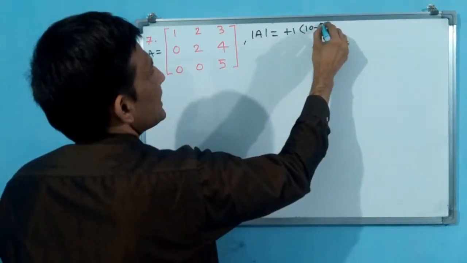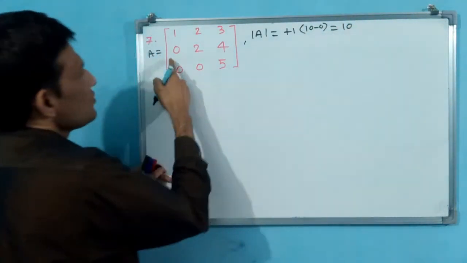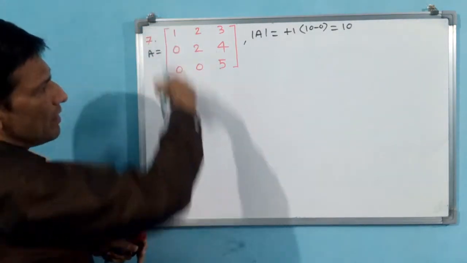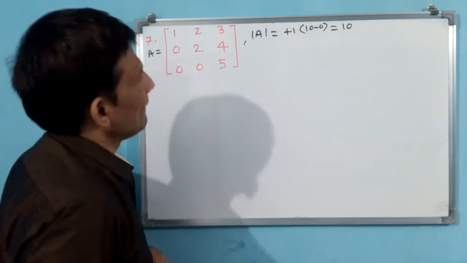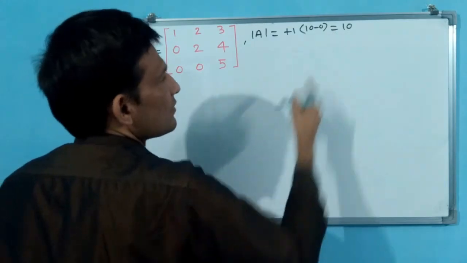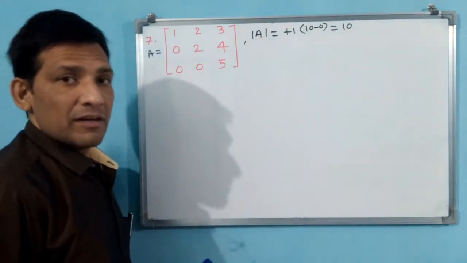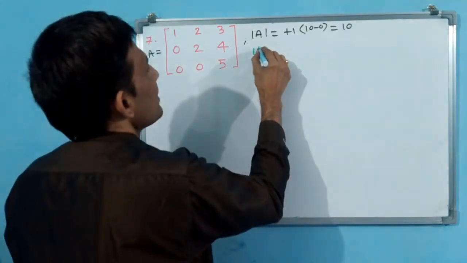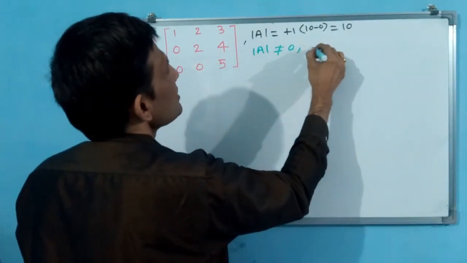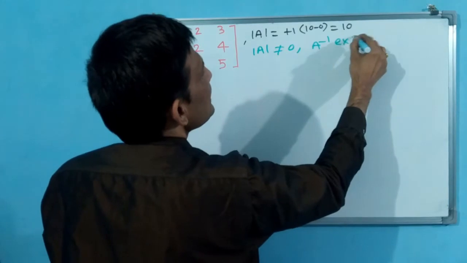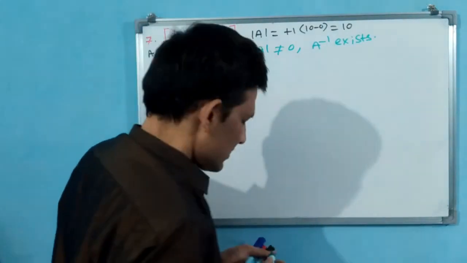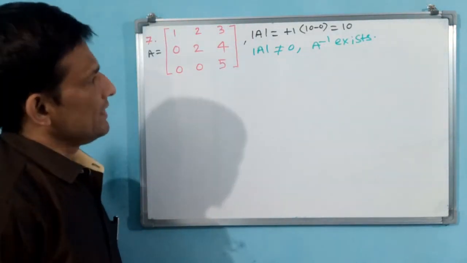That means 10. Now determinant A is equal to 10, which is not equal to 0. Then the inverse exists. Write down: determinant A is not equal to 0, A inverse exists. That you have to write.